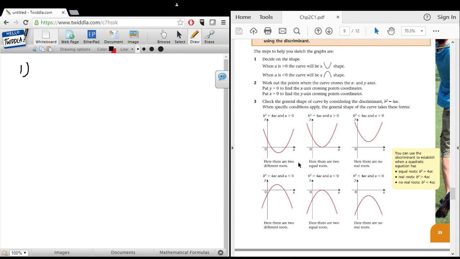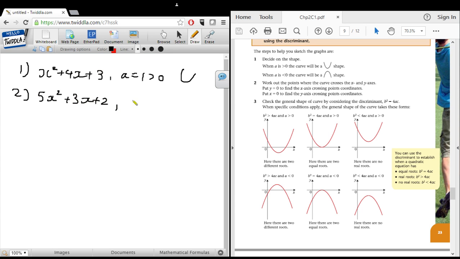When it's quadratic, just to give you an idea, if for example we had x squared plus 4x plus 3, then a in this case is 1, which is greater than 0, so we know we're going to have this U shape. Another one is 5x squared plus 3x plus 2.